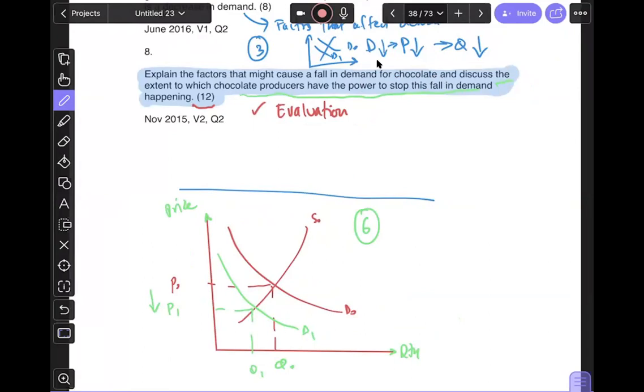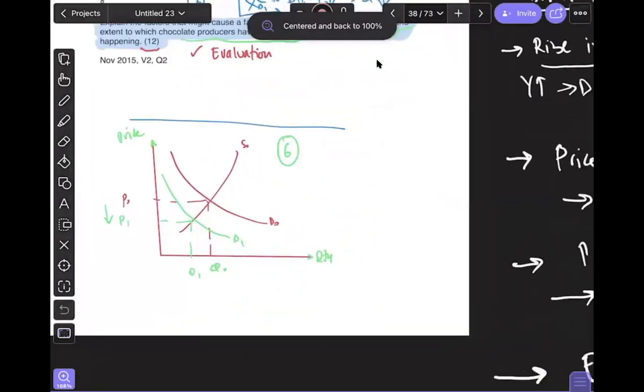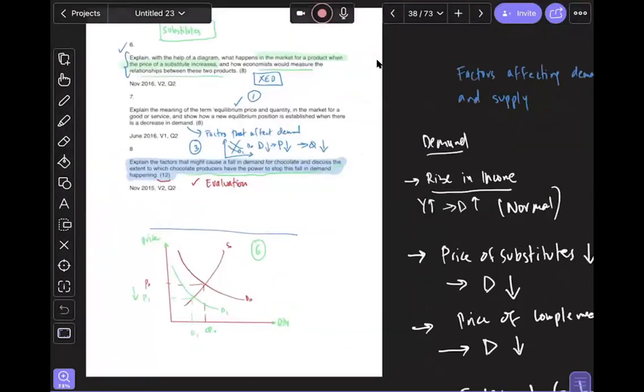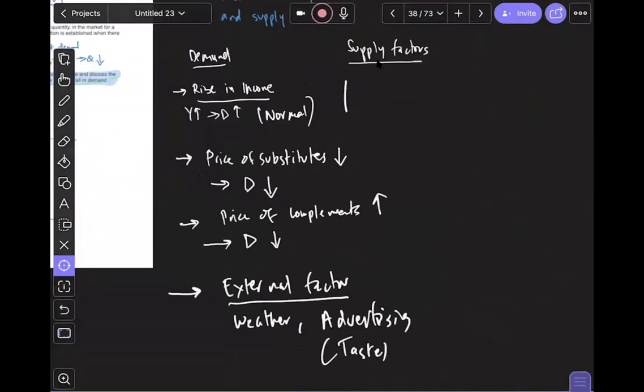And the answer to this one is basically, as a producer, where do you have the power and where do you have no power? So let's look at this, guys. Do you have the power in changing incomes of consumers? My question to you guys, do you have the power? No, sir.